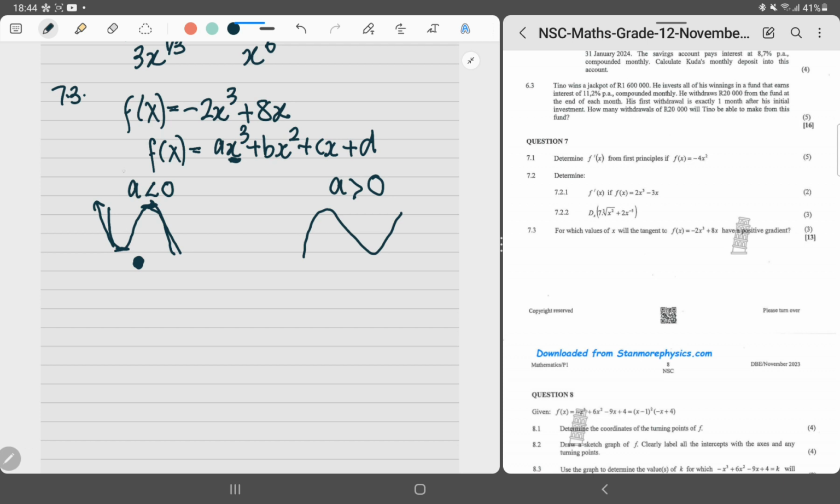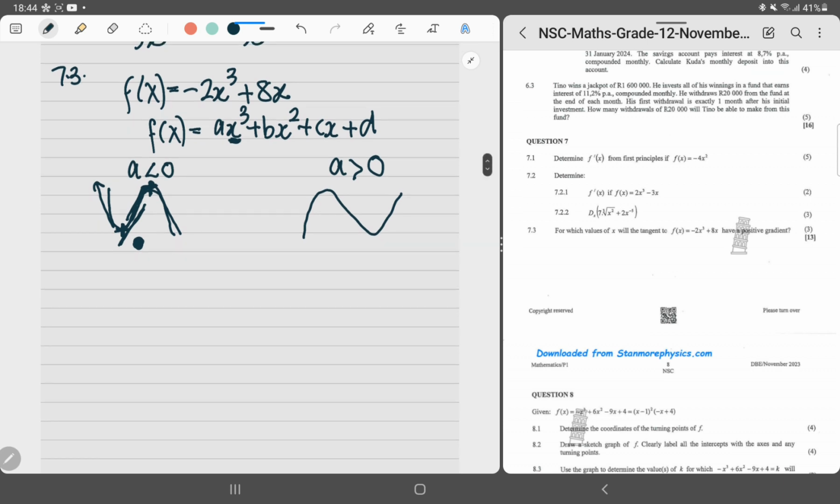So the values that they are looking for will be at this turning point and that turning point, and in between here. Because if we were to draw a tangent here, the gradient will be positive.